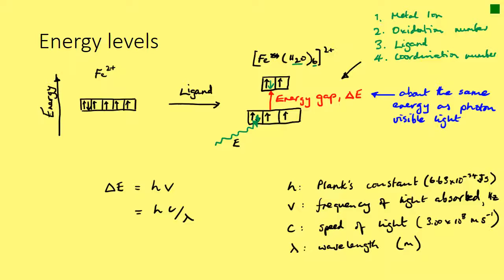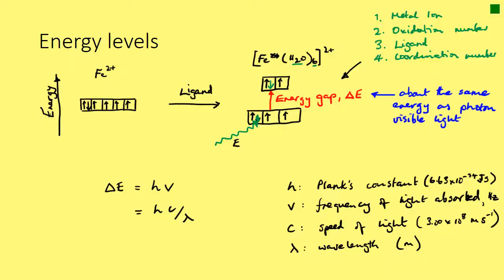And so it's that difference in light that exits the solution compared to the light that entered the solution that gives it its colour. We're going to go into that in a little bit more detail on a later slide.